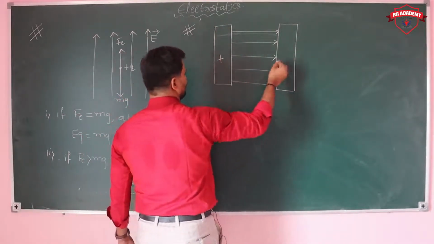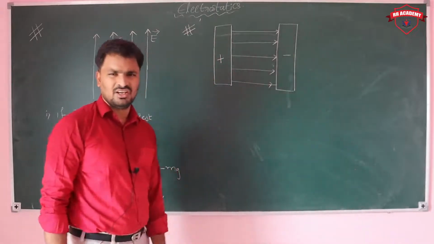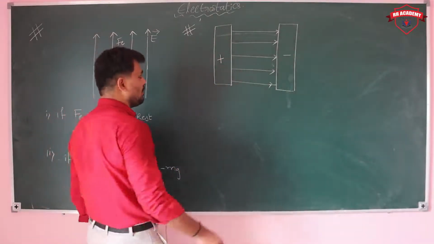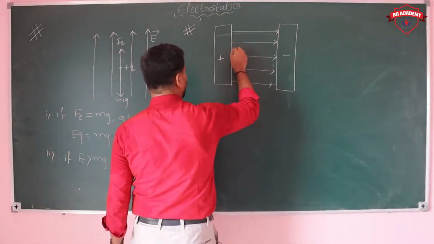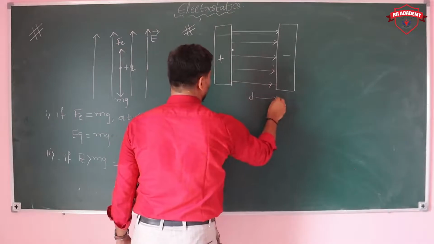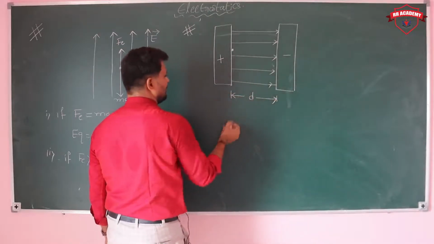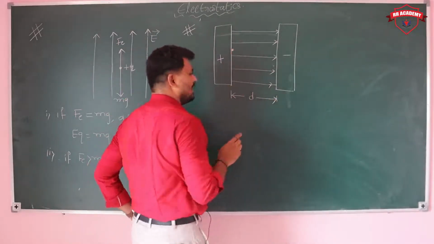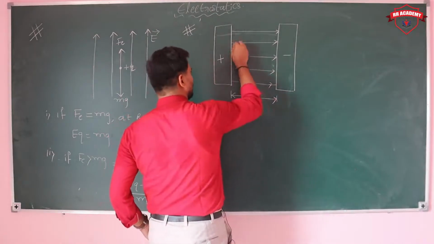This is the positive plate and this is the negative plate. From the positive plate I am releasing a proton, and the distance is d.